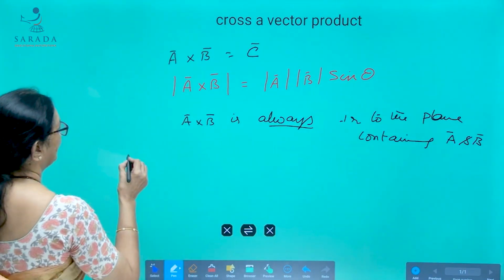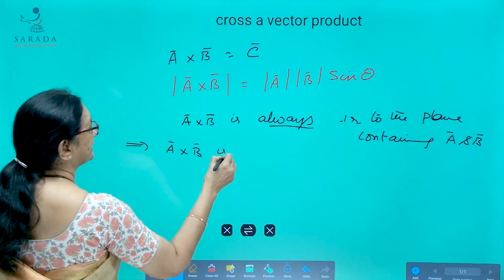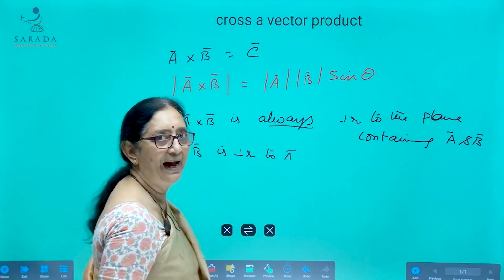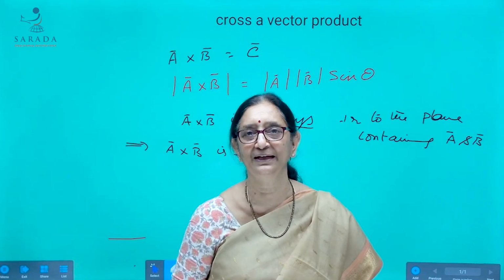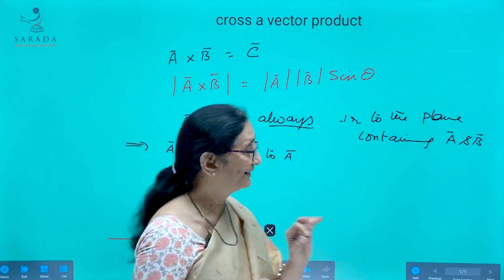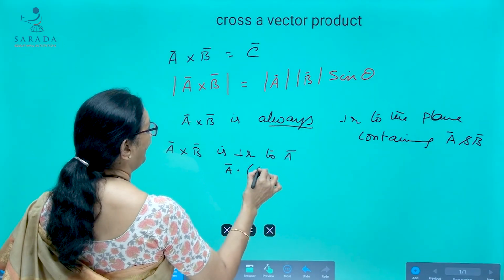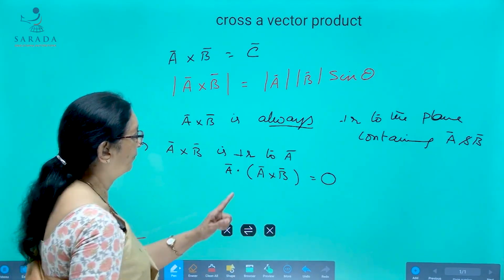That implies A bar cross B bar is perpendicular to A bar. And we know the dot product of mutually perpendicular vectors is 0. That implies A bar dot A bar cross B bar is equal to 0. Why?